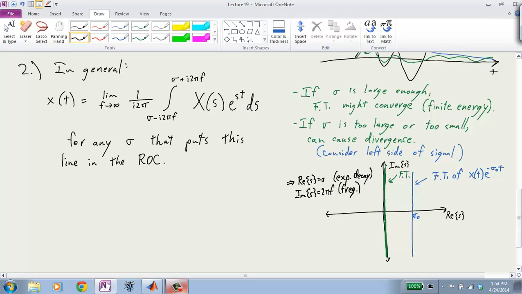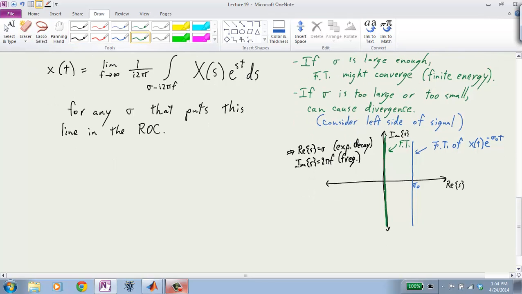Now, notice also how redundant this Laplace transform is. Why do I say it's redundant? I mean, we start with the signal.